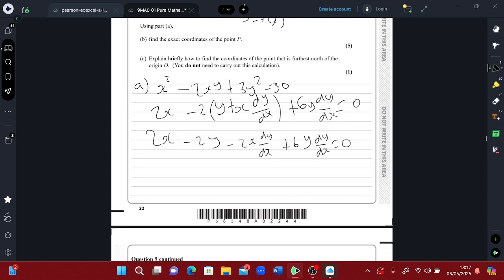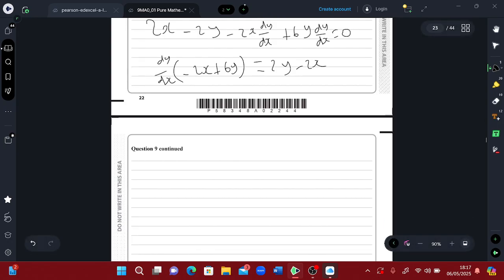And now the strategy for this is to group the dy's together. So dy dx are minus 2x plus 6y. And actually, we can move everything else to the other side of the equation, so it'd be 2y minus 2x.